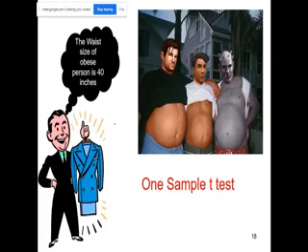But there was a person, his name was W.S. Gossett. He developed in 1905 a test which is called the t-test. Now what happened, there was an issue. He could not publish his work because he worked in a company which did not allow its employees to publish their work.